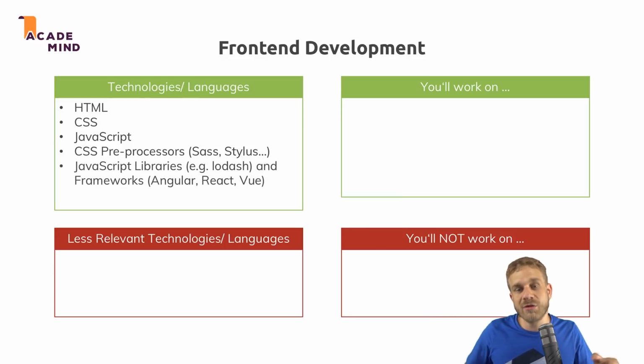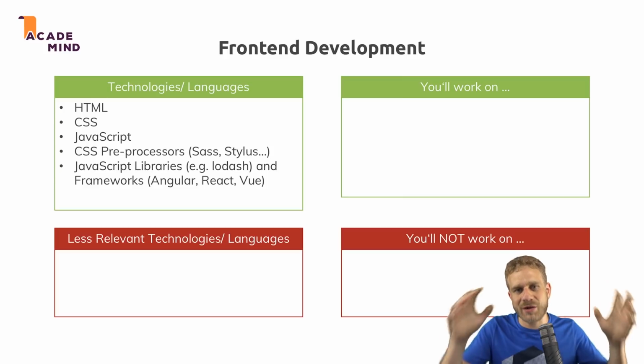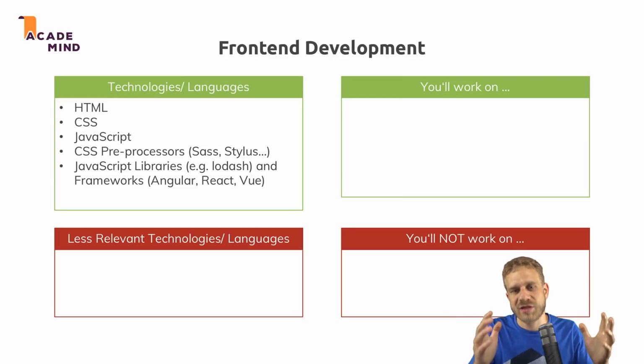You also want to know some JavaScript libraries and frameworks like Angular, React. Yes, that's a library, but let's put it into that basket because we use it as an alternative to Angular or Vue. So these are the things you work with, and these are the things you gotta know. And obviously, in general, you gotta know that ecosystem around it.